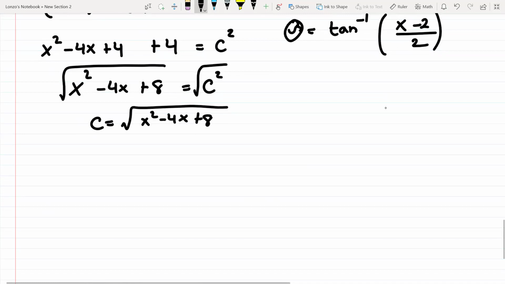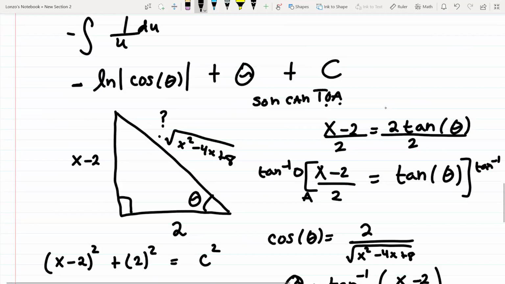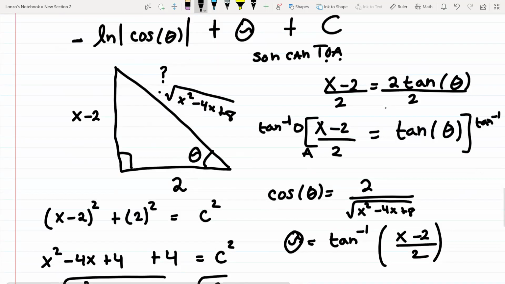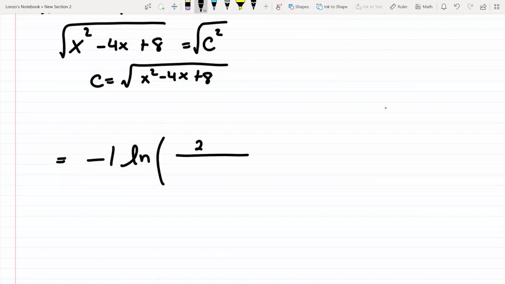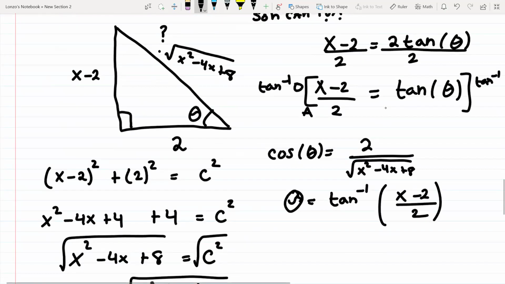Okay, so our final answer is going to be negative ln of cosine theta plus theta plus c. So your final answer will be negative 1 ln, and then our cosine theta was 2 over square root of x squared minus 4x plus 8, plus theta, which we said was tan inverse of this.